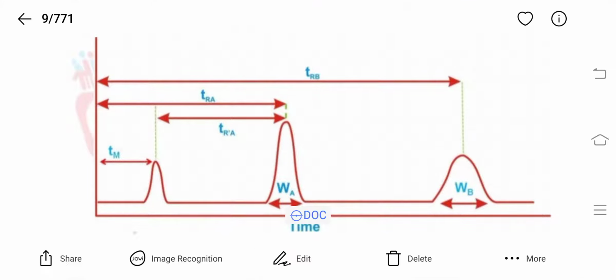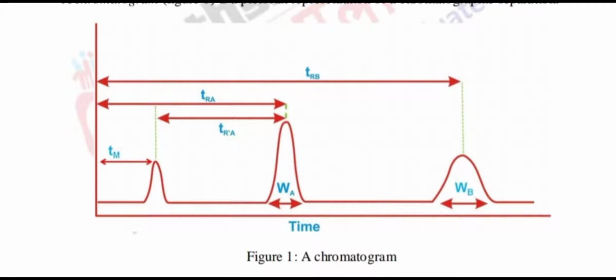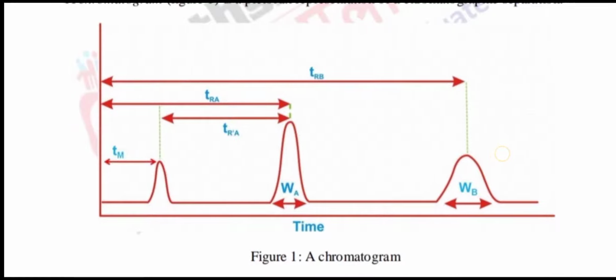The third component has taken more base width, meaning the third component was eluted and took more time to retain, and has a wider band in that particular column.